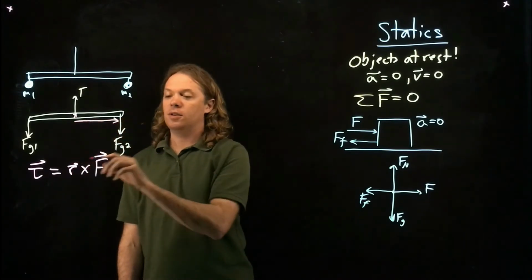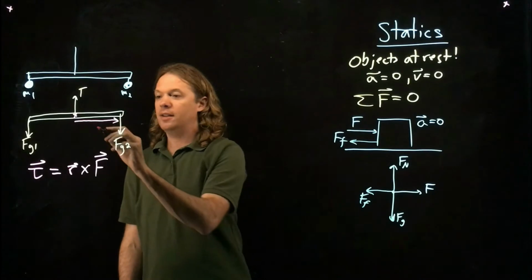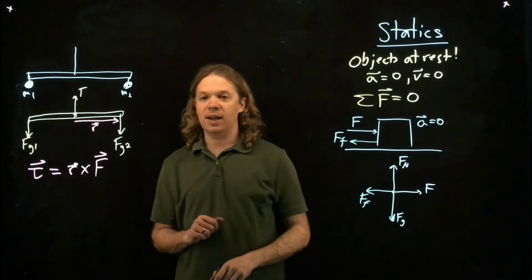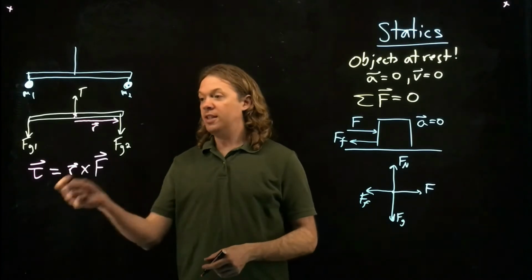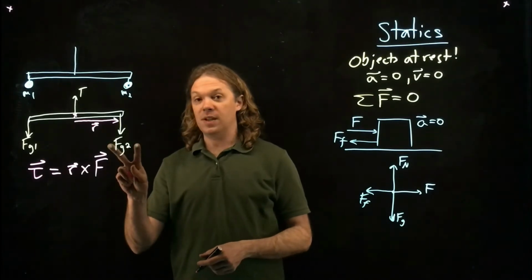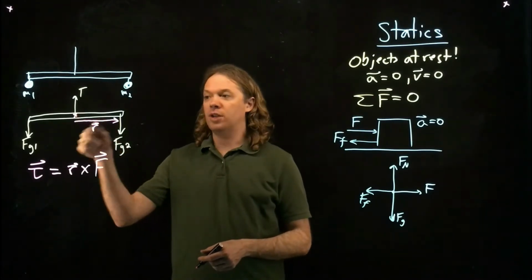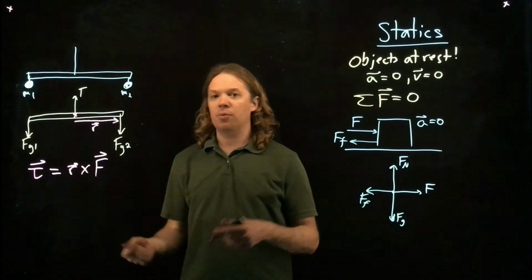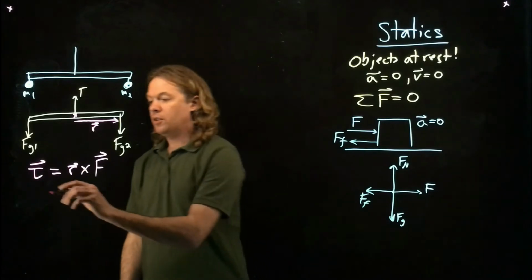The distance to where the force is acting is called r. And then you take this cross product, and you can find out what the torque is that way. And you can see that this torque, meaning this force, is going to make this object rotate in that sense. Now, remember that normally we don't consider these torques as vectors.